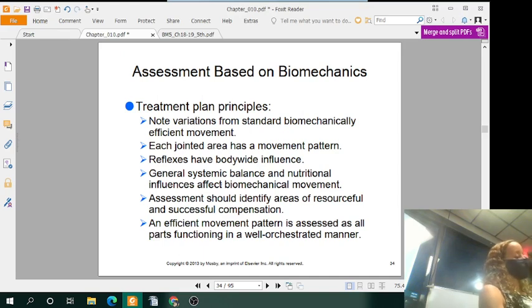Testing also helps you see how the body does adapt sometimes to change. And so if it's an energy efficient, resourceful pattern that the body's created a little bit from optimal, then we want to support it and not try to eliminate it. All right, page 498 now.